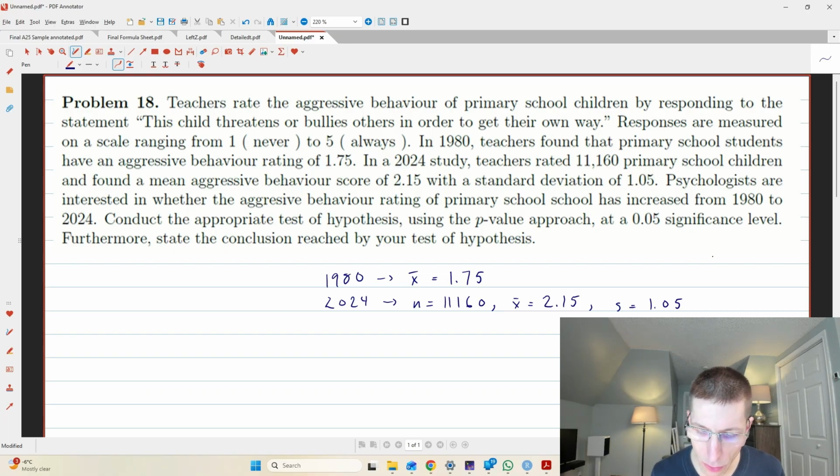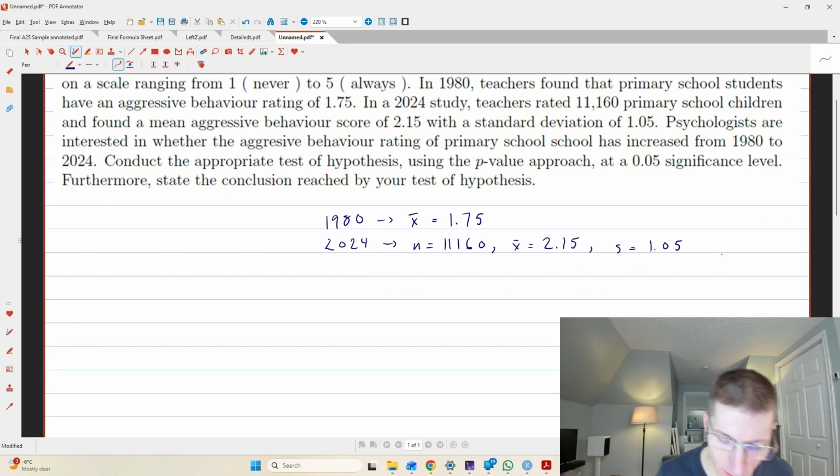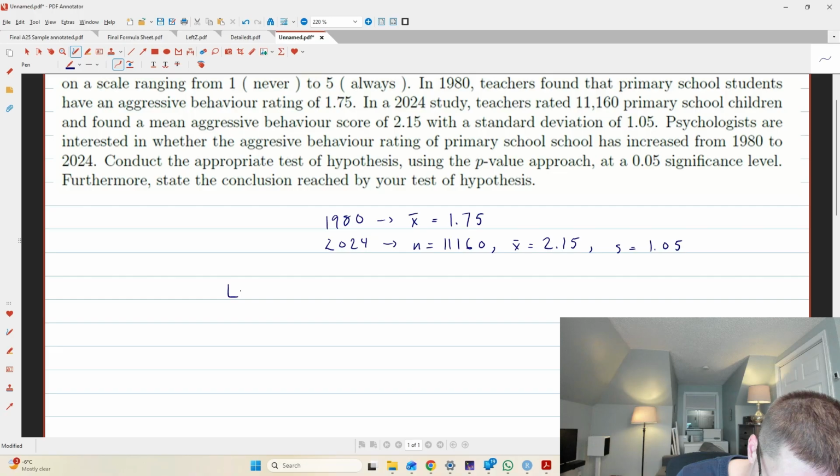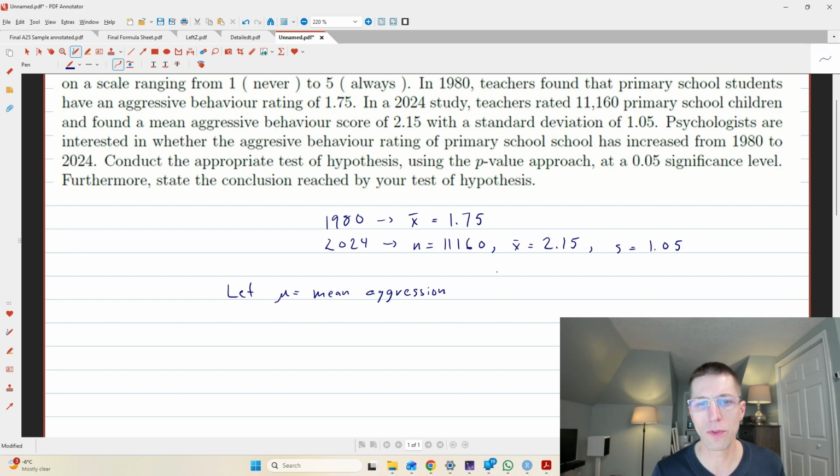But what we can do to set up a hypothesis test is we could just compare, so let mu be the mean. We could compare the aggression level in 2024 to just the number 1.75.